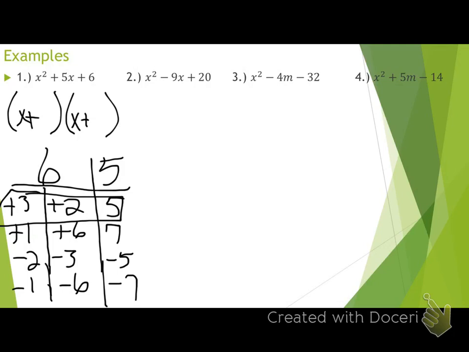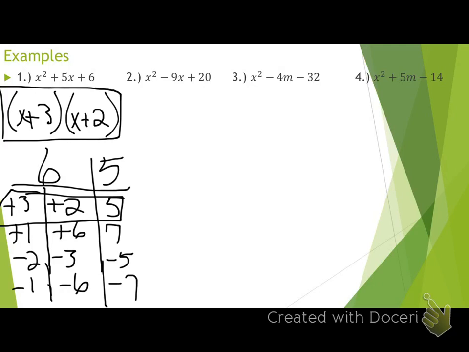So I'm filling those into my parentheses. Does it matter where I put them? No, because they're the same signs, right? Now, if they were different signs, it would matter. But here it doesn't matter because they're the same signs. So I'm saying x plus 3 times x plus 2 is my factored form of my original problem. What does step 5 tell me to do?